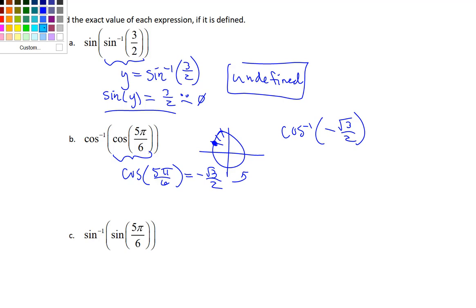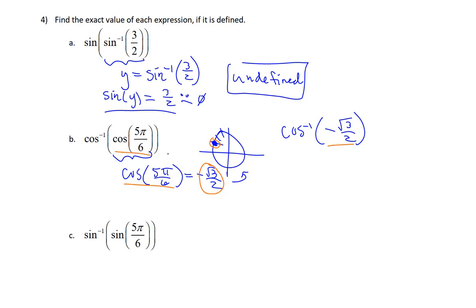So let me color coordinate this. We're talking about this value being what the cosine would be at 5 pi over 6, and that's the input of our cosine inverse function that we started with in this problem. Now, pause for a second, just look at this and look back a second.